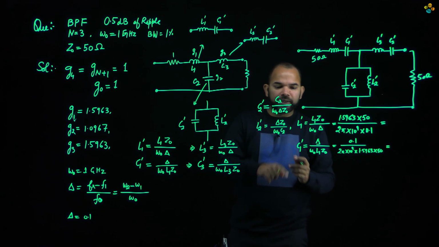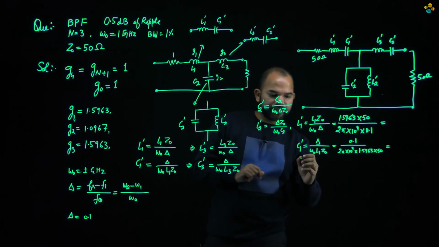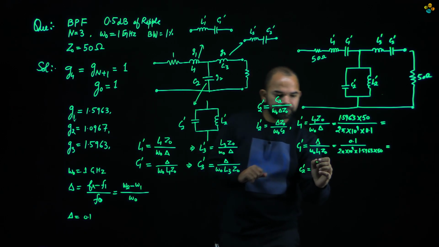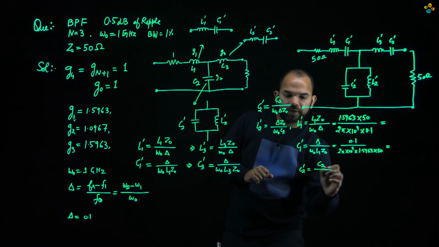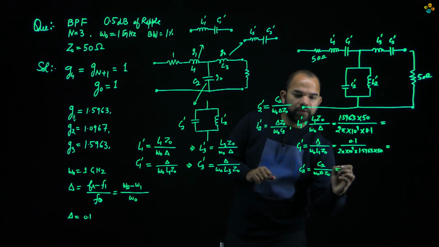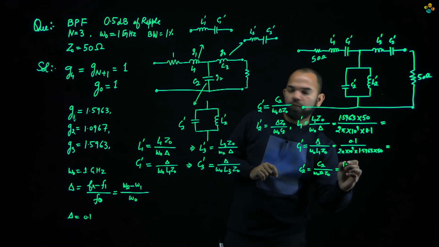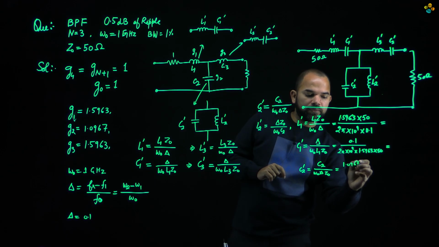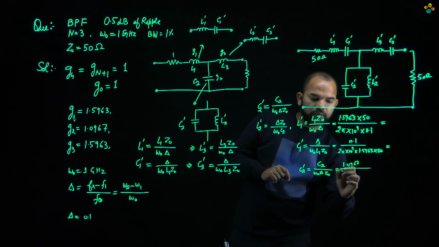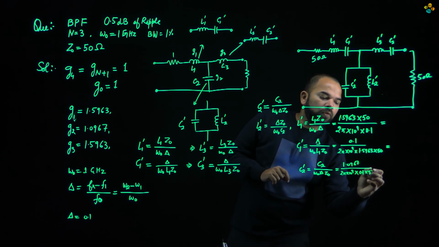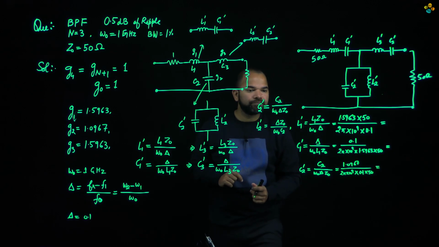In a similar manner, if we want to calculate C2 dash, C2 dash is equal to C2 divided by omega naught delta Z naught. C2 is equal to G2, and G2 is given as 1.0967, divided by 2 pi into 10 to the power 9 into delta into system impedance 50.